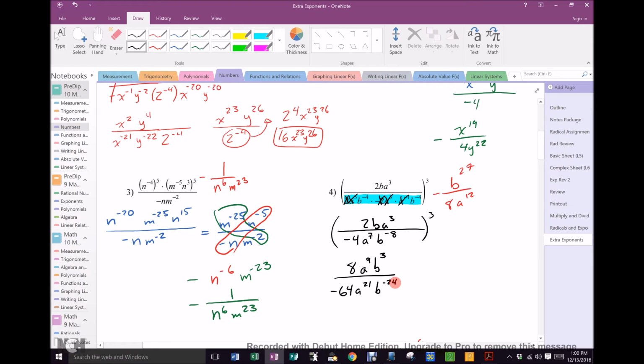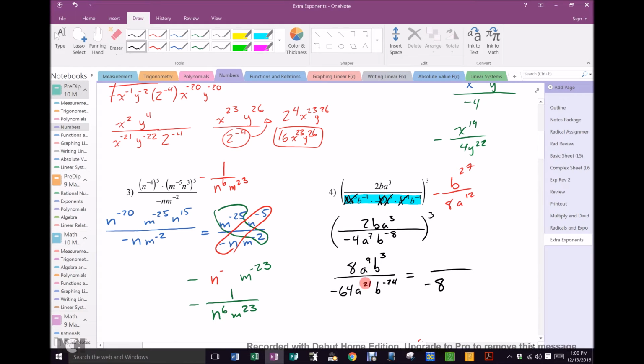Yes? Okay. What's 8 and 64? That's going to become 1/8, isn't it? 8 over 64, 1/8. So I've got to keep a negative 8 on the bottom and a 1 on top. Do I write 1? No. 9 and 21.